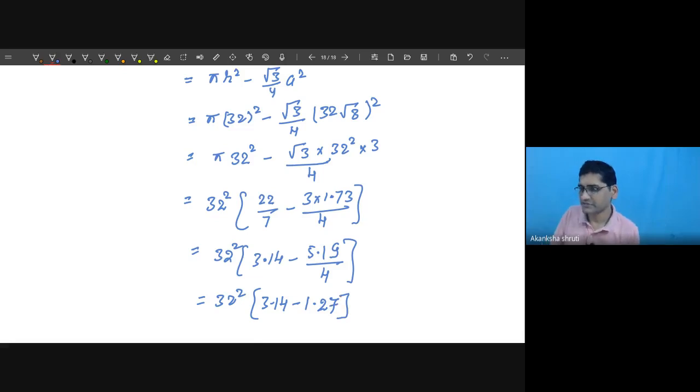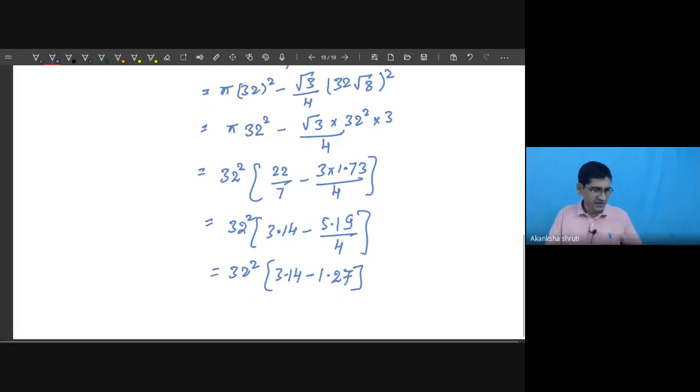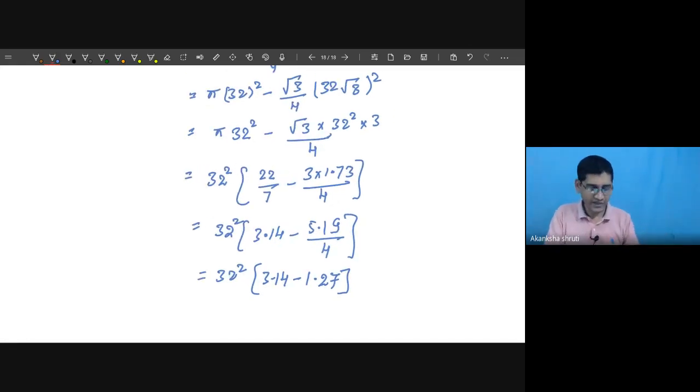If you wish, you can go further, or this much itself is enough. Yes, now we can get it. So what is the value of 32 into 32 square? That is known to us.